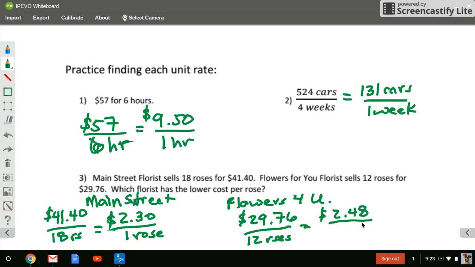As you're continuing to work these out, I hope you're starting to see a pattern and that they're pretty simple. So on this last one, Main Street is the better deal.